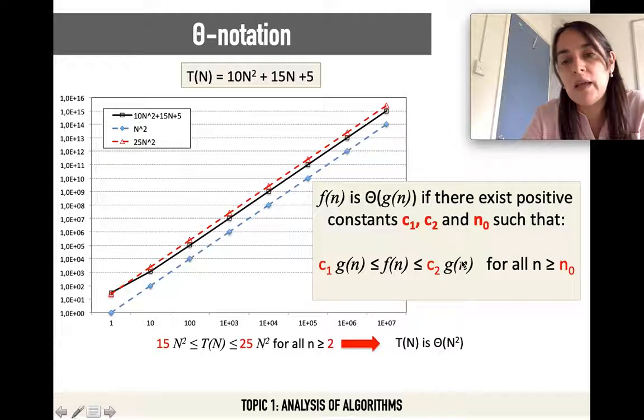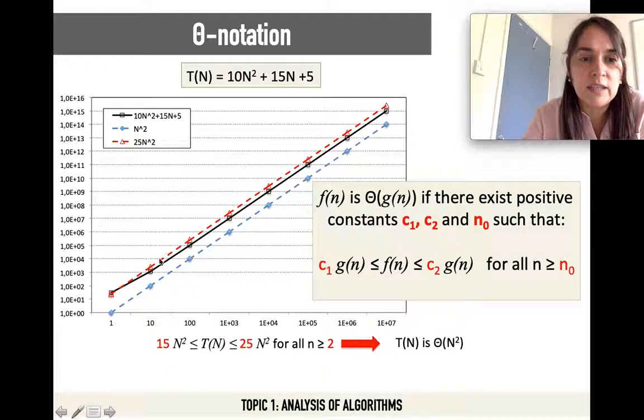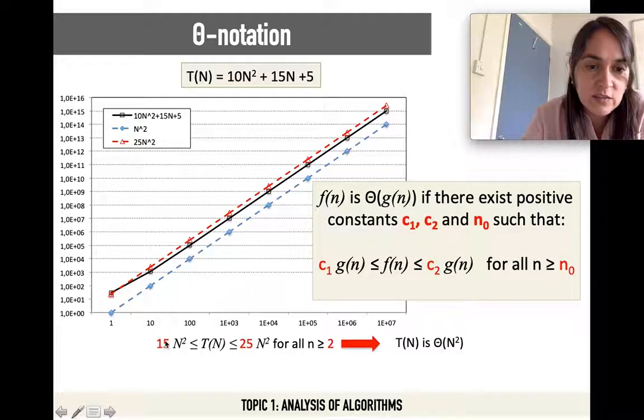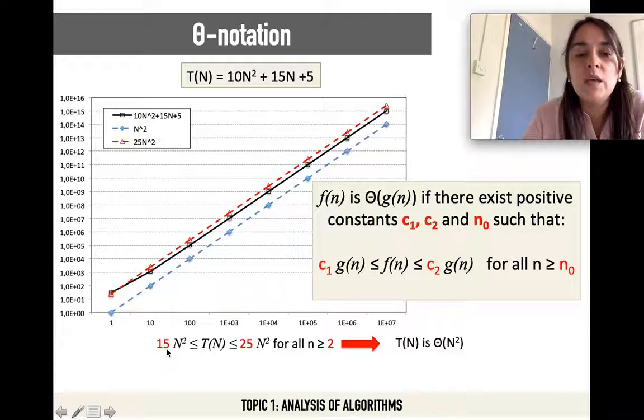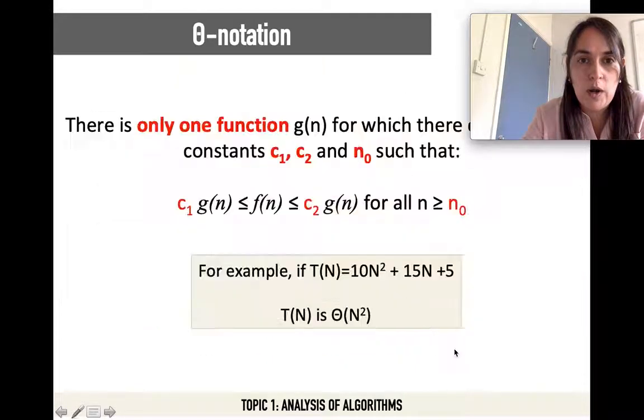And if we multiply n squared by 25, it's always higher than our function starting at 2. So this is the condition. There's a mistake here. This is not 5, this is 1. So we have found a function n squared that complies with this condition for all n higher than or equal to 2. So we can say that T(n) is theta of n squared.